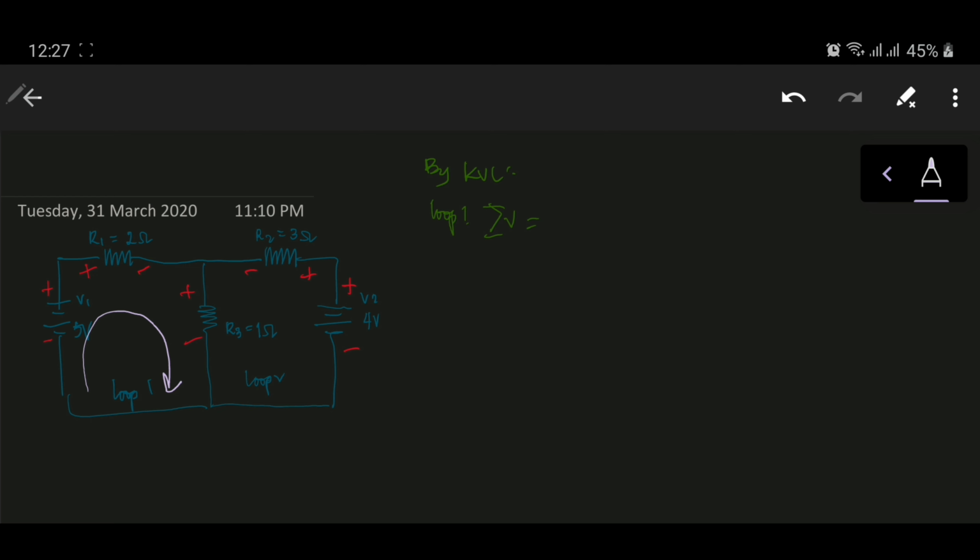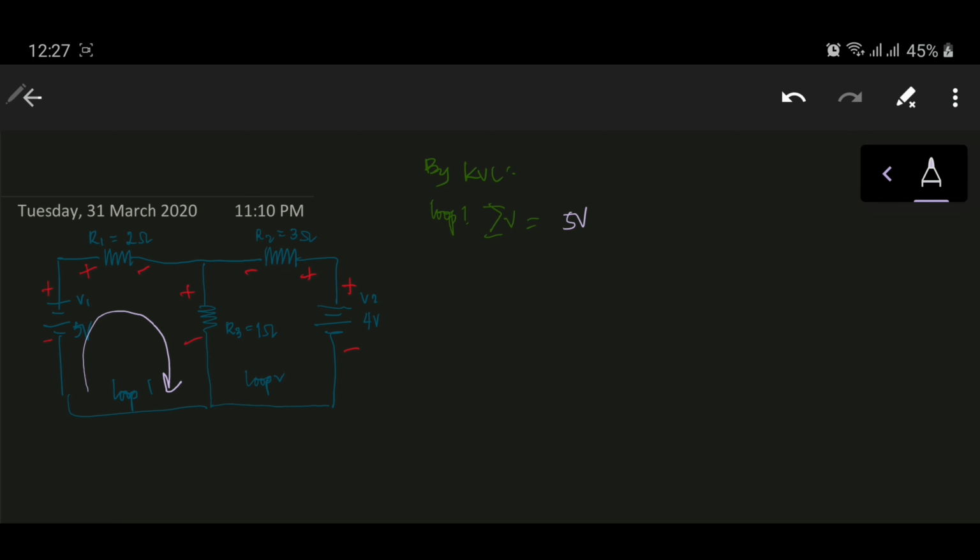So for us to write the KVL equations, we just have to look at which terminal are we gonna leave the element. Say for example at V1, I can write a positive 5 volt value for V1 because we left V1 at the positive side.